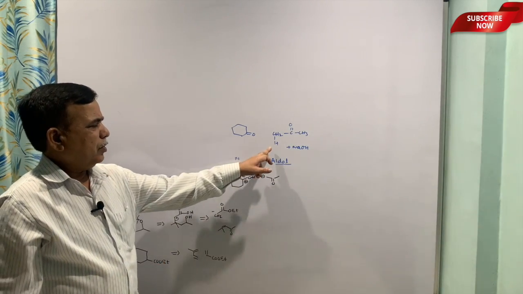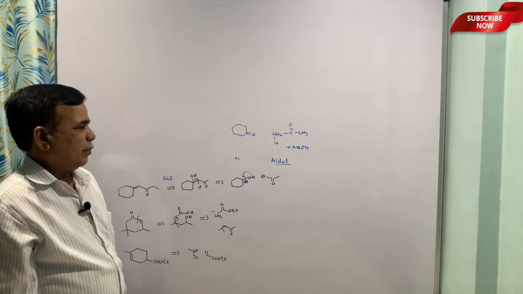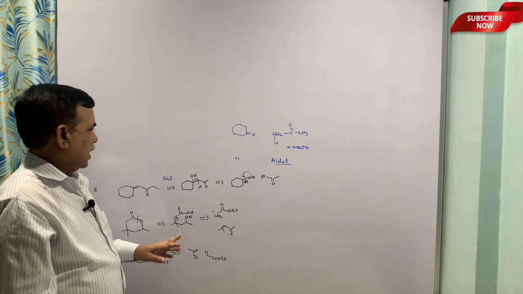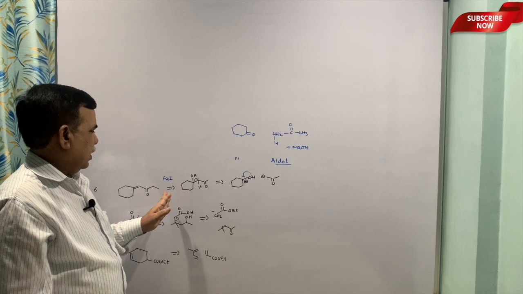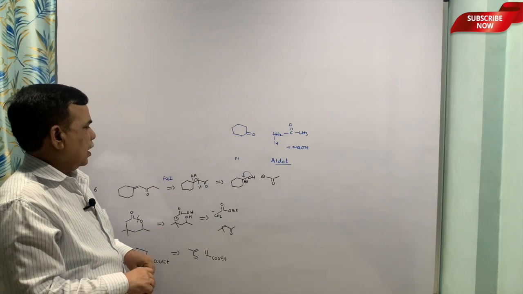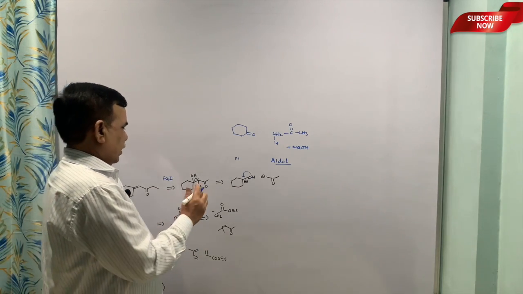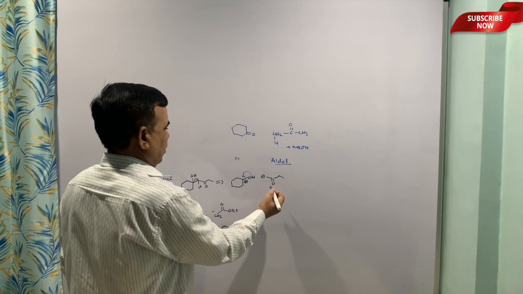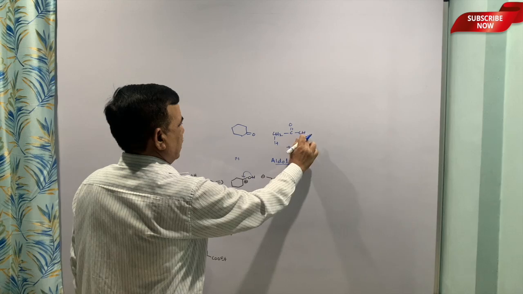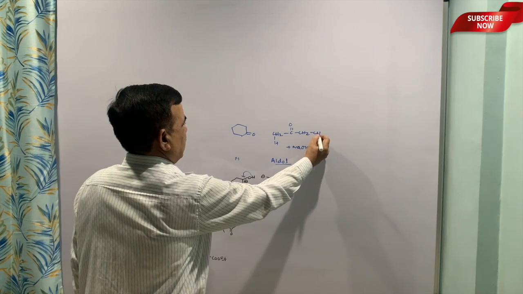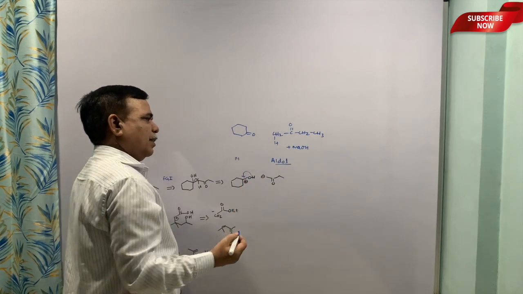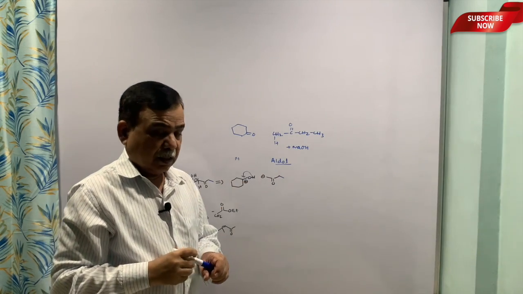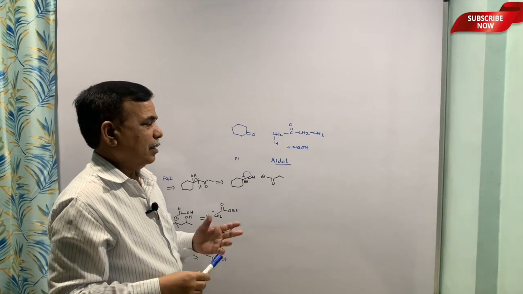So, you generate a carbanion, add to cyclohexanone, you will get aldol. In fact, if two carbons are there, then it will be more competitive, but nonetheless it is a similar strategy one can use. You can abstract this proton because this is going to be more stable carbanion nonetheless.